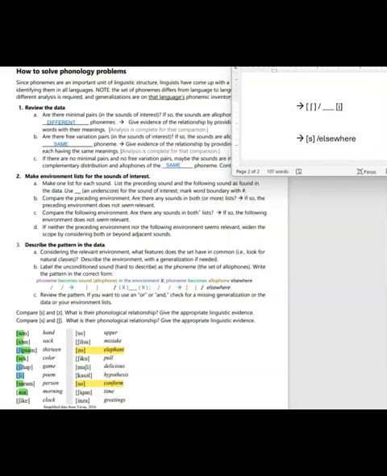We know that the sound sh shows up in the environment right before E. And that looks just like our environment list, right? We had the underscore representing the sound of interest, and then the E sound. We also know that s shows up everywhere else in the language.